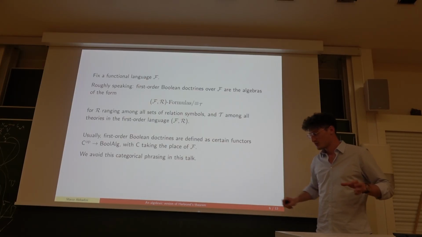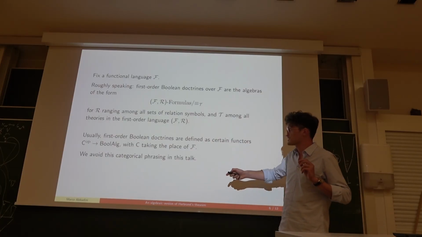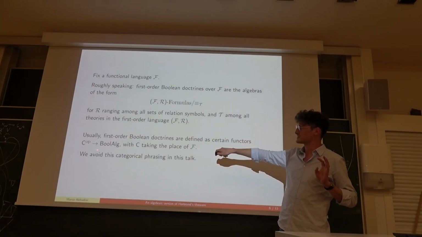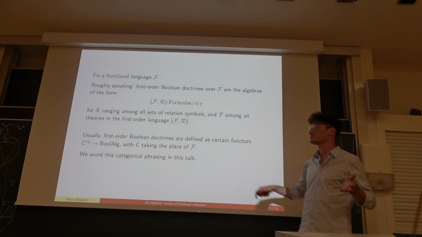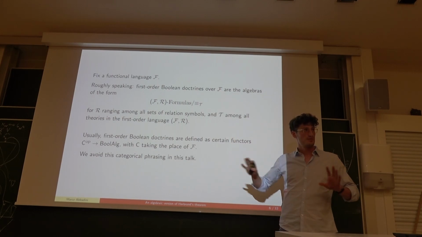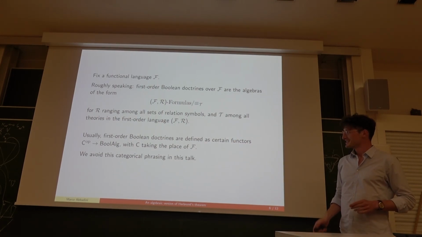Also, as a warning, maybe some of you are familiar with the definition of first-order Boolean doctrines as certain functors from the opposite of a category C to the category of Boolean algebras, where C takes the place of F, but in this talk we avoid this categorical phrasing.